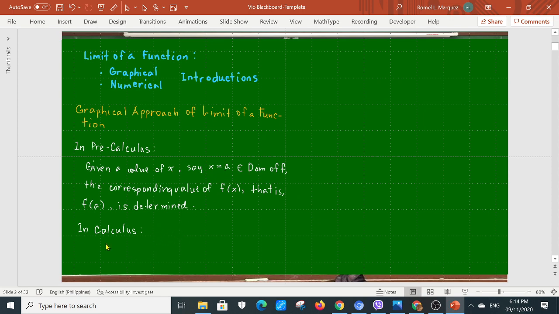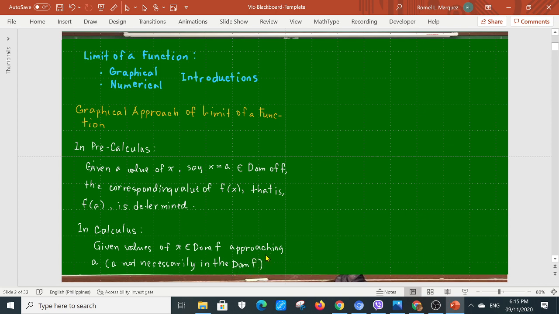So that is, given values of x that are in the domain of, let's say, the function f approaching the value x equals a, meaning approaching a, and this a not necessarily in the domain of f.